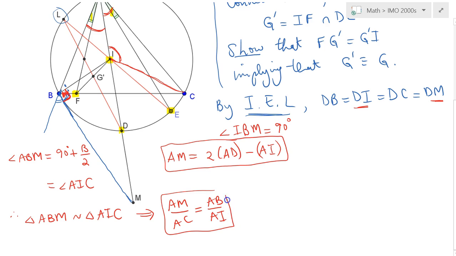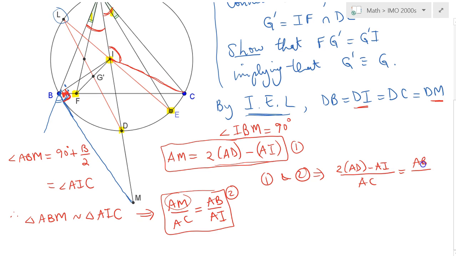Let me put a note next to it. Now I can simply combine the first and the second result. Let's call this number 1 and this number 2. Replacing AM here with the expression we got in item 1, we find that 2AD minus AI, all divided by AC, equals AB over AI.